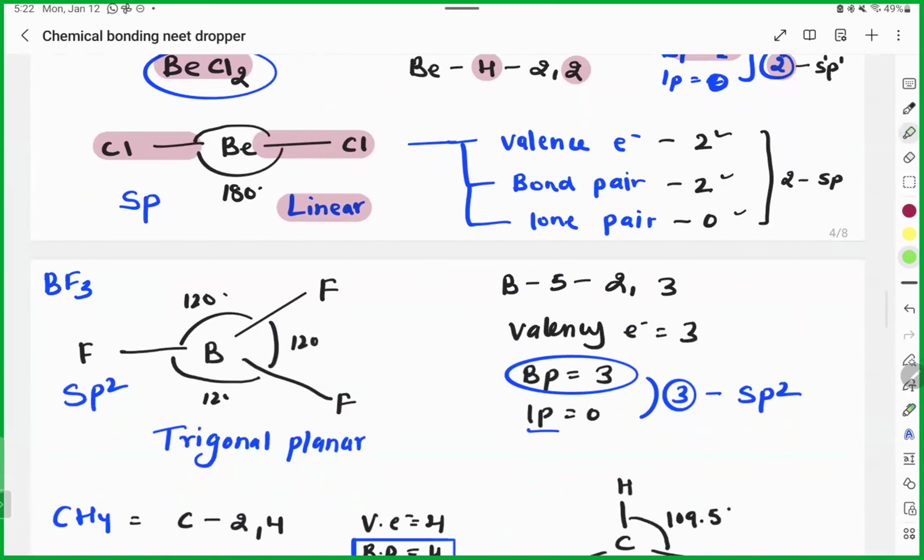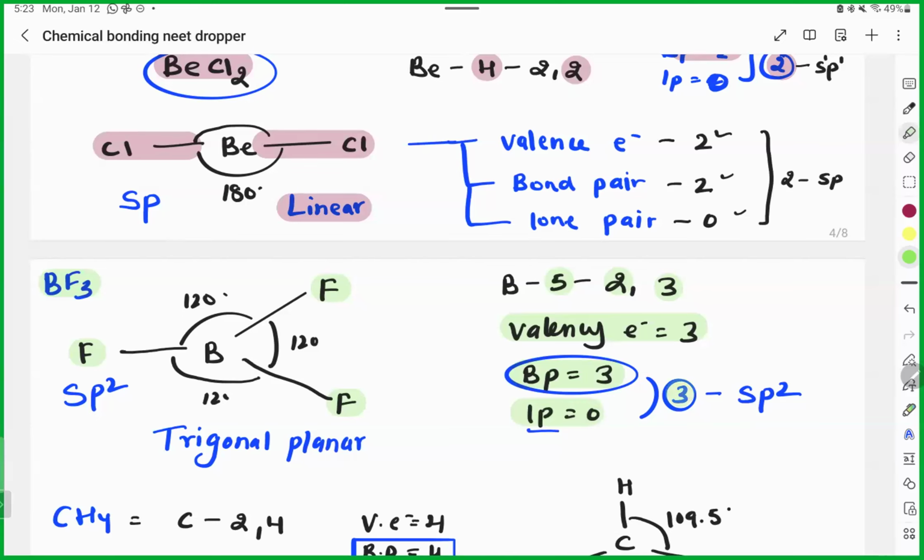Here, BF3, boron atomic number 5, first shell 2, second shell 3. So valence electrons are 3. All 3 valence electrons are occupied with the help of the bond pair. So what will be the bond pair? 3. What is the lone pair? Nothing.